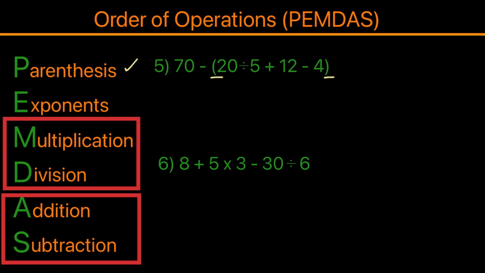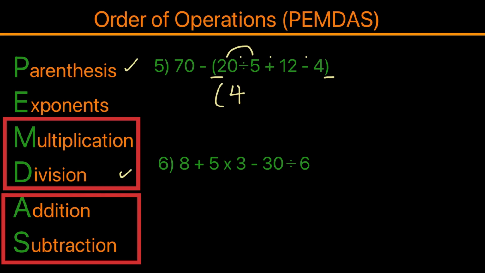So within the parentheses, we also have to figure out which goes first. So going down the list, there's a division, there's an addition, and there's a subtraction. And we know division goes before addition and subtraction. So that will go first. And 20 divided by 5 is 4.